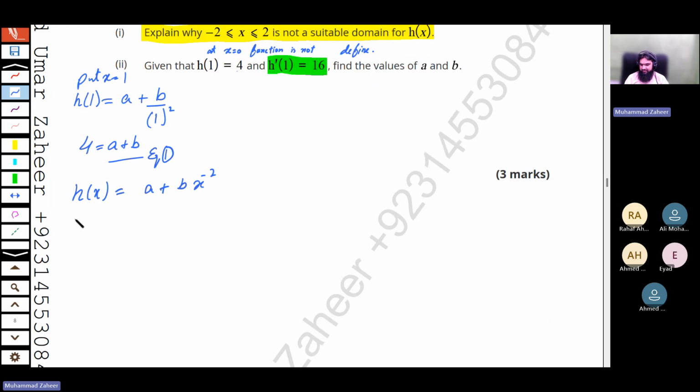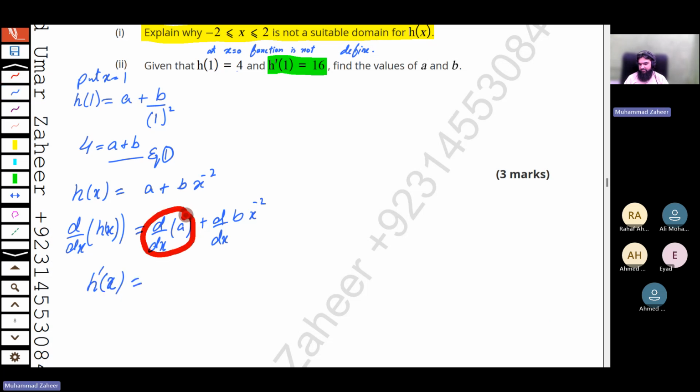For the derivative, the sign is d over dx of a plus b x to the power minus 2. So it will be h dash of x.